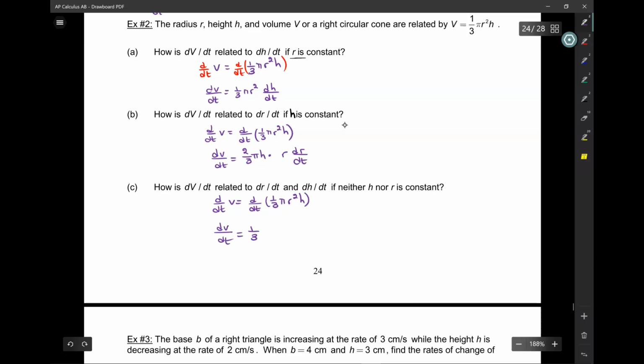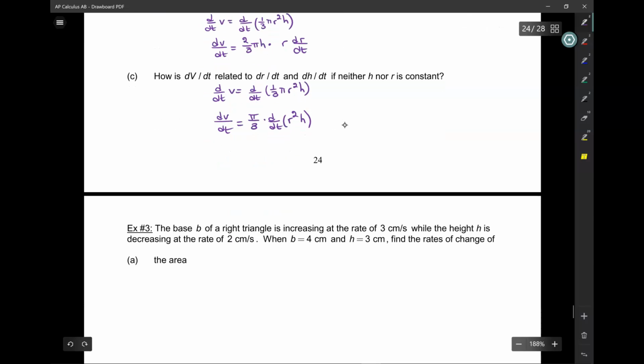equal to 1 over 3 pi. Can I just write pi over 3? Pi over 3 times d/dt of r squared h. Now, if these are both variables, and I need to take a derivative of them with respect to a different variable, that is a product rule.